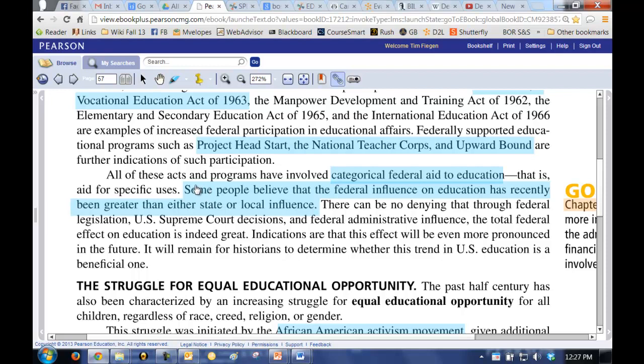And again, I resent this thing of some people. No, anybody that's paying attention knows that we no longer have control at the local level. We've given control through Common Core, No Child Left Behind, 94-142, all those pieces of legislation mentioned up here to the federal government.